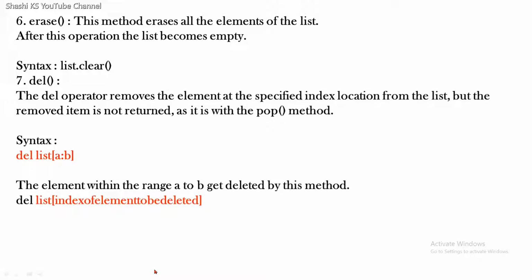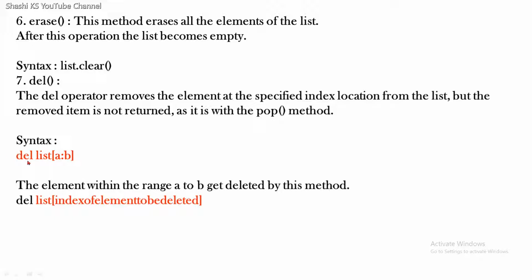The next method is the clear method. Clear method will erase all the elements of your list, and the syntax is list dot clear. Then you have the del operator. Del will remove the element at the specified index location from the list. And the difference between del and pop is in pop method, the removed item will be returned. But in del method, the removed item will not be returned.